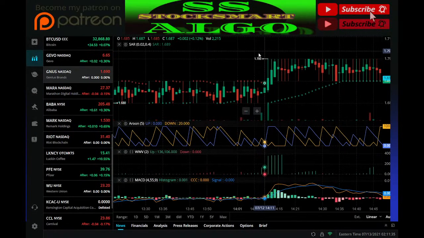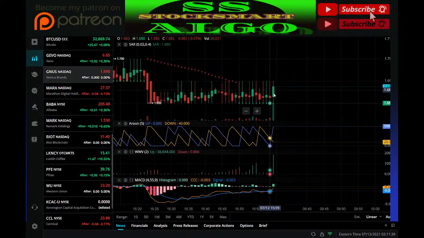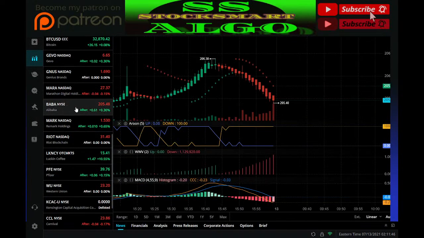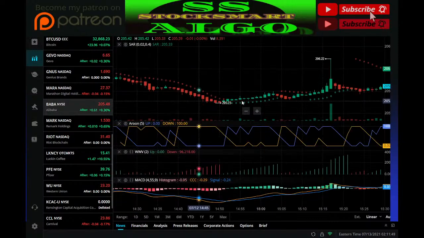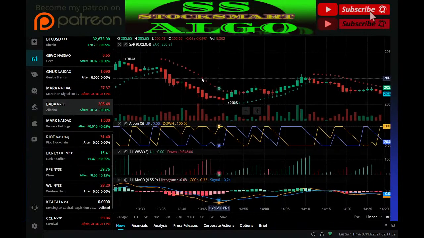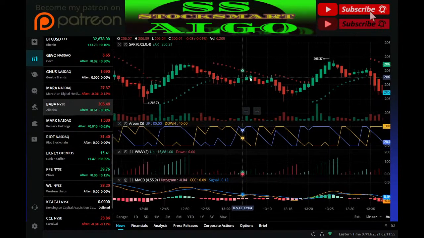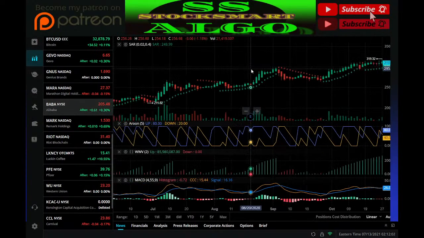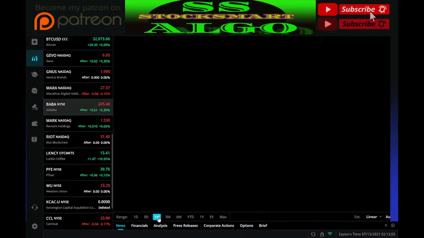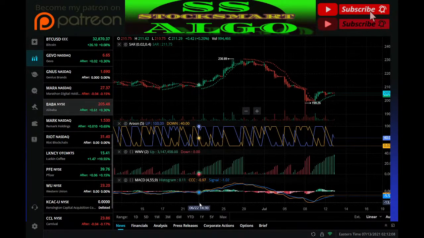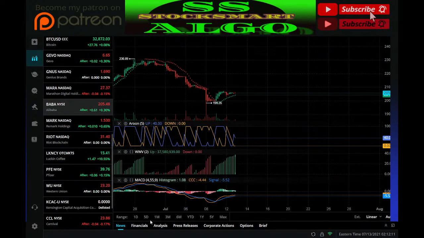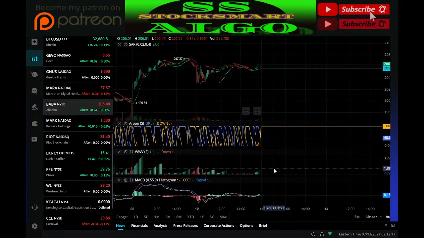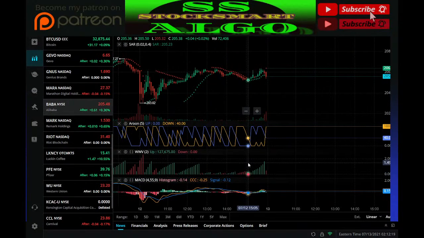And it looks like they're just building positions in Genius there. It is important to look at every single time frame.